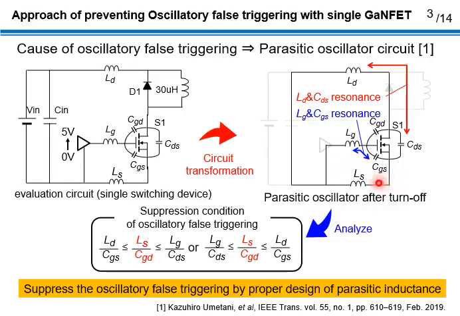And Cgs, Cds, and Cgd are the parasitic capacitances of the GaN-FET. By analyzing the oscillation condition of this circuit, the design instruction to suppress oscillatory false triggering was made clear. I'll review this condition later.